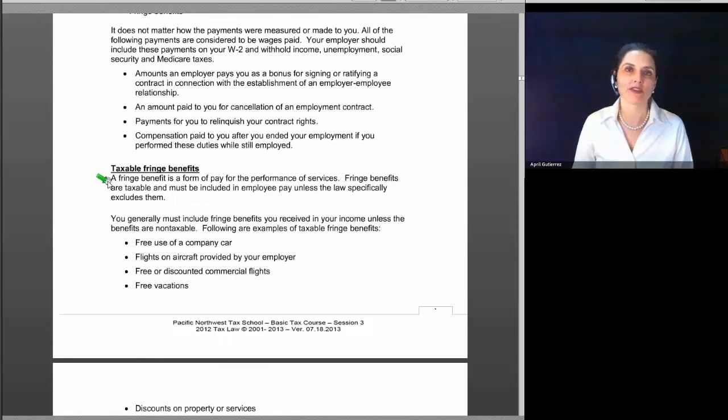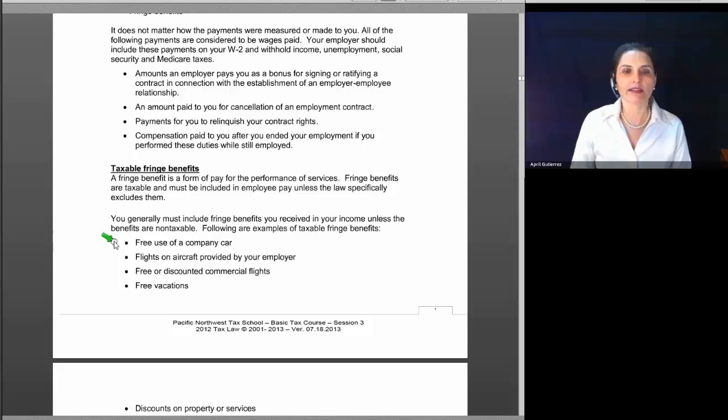Taxable fringe benefits. A fringe benefit is a form of pay for the performance of services, and fringe benefits are taxable and must be included in the employee pay unless the law specifically excludes that particular fringe benefit from pay. You generally must include fringe benefits you receive in your income unless the benefits are considered to be or treated as non-taxable.